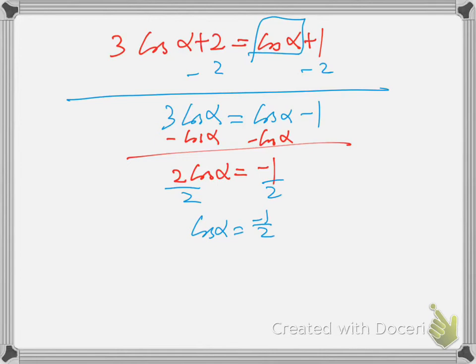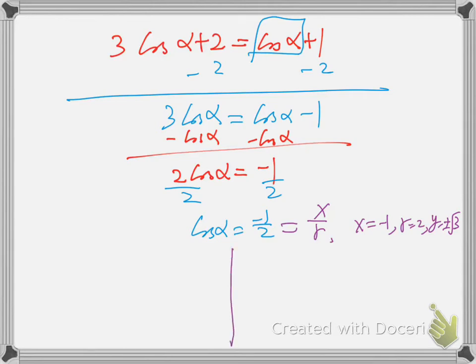So now we need triangles again. What's cosine alpha? Cosine alpha is x over r. So x is negative 1, r is 2, y is positive or negative radical 3. Two triangles give us 2 solutions.